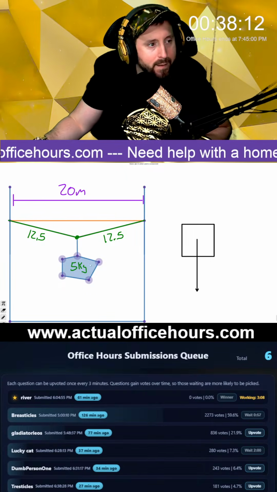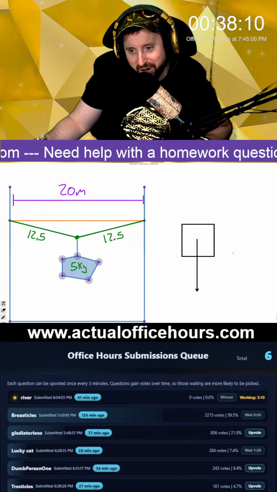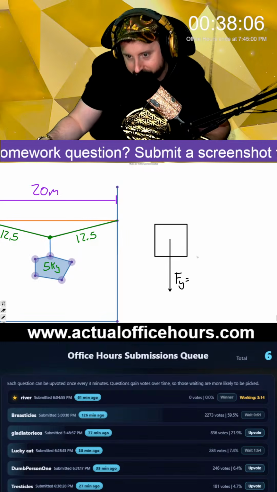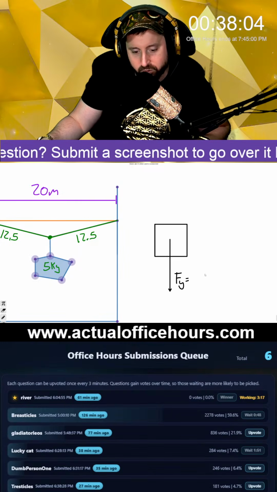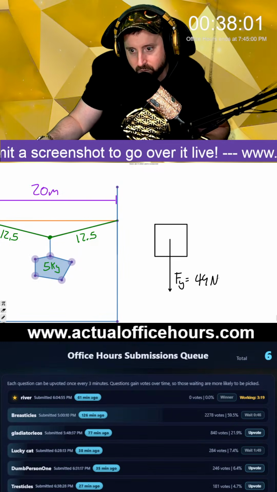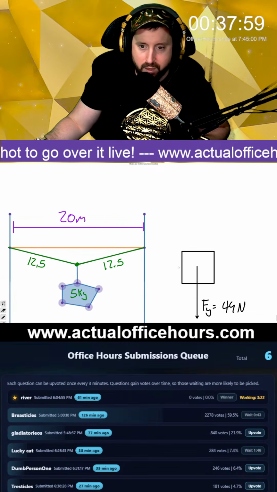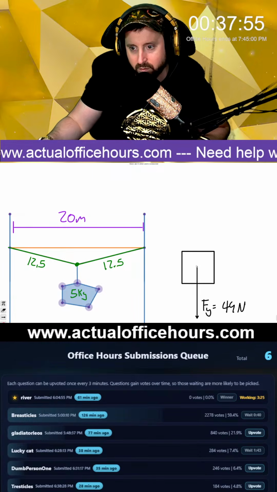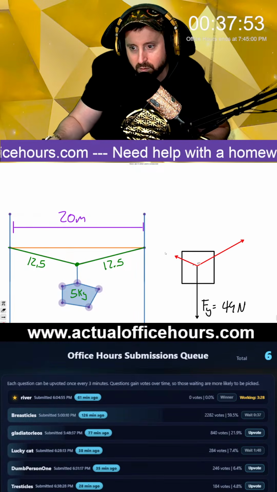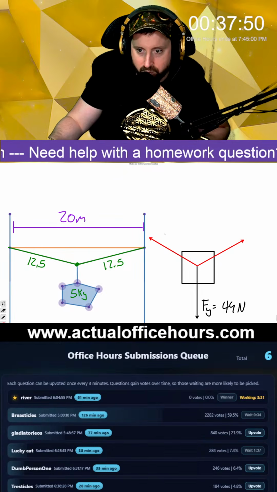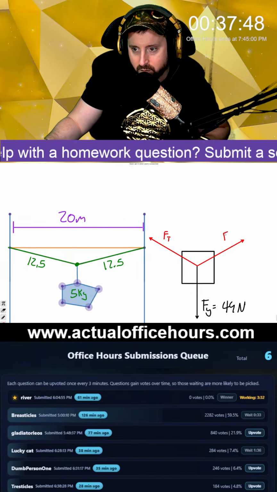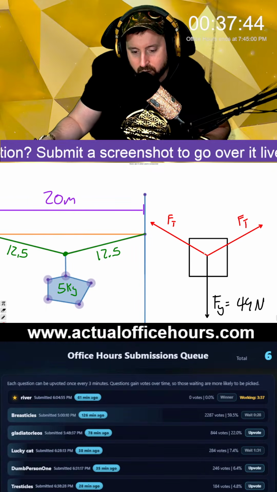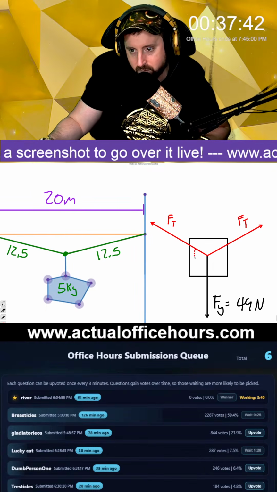So this has 5 kilograms pulling down, force of gravity. It's going to equal 49 newtons. And then you have these ones pulling up, and this is going to be FT, pulled up at some sort of angle.